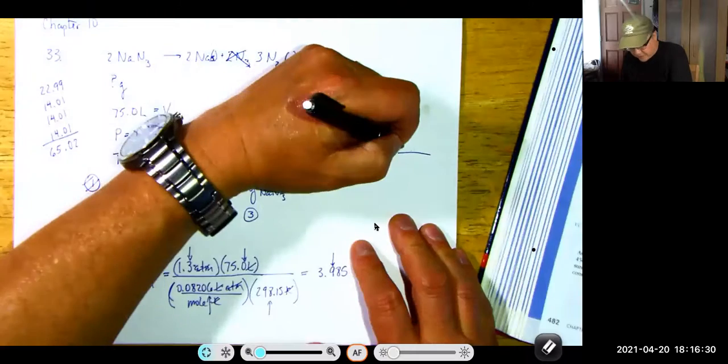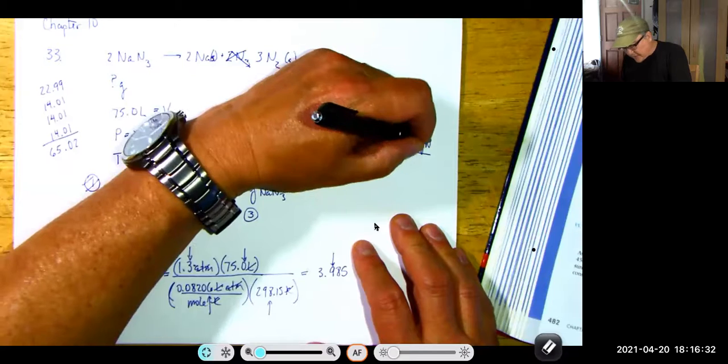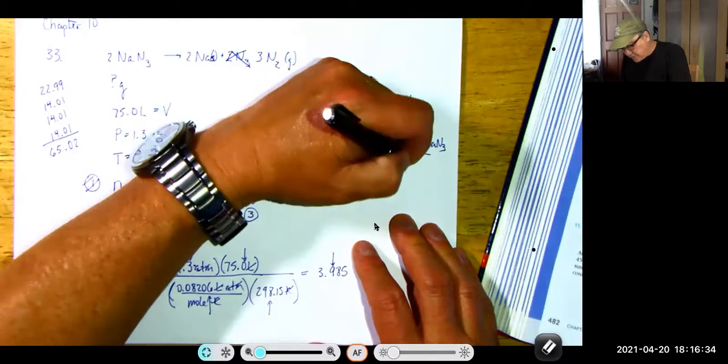So 65.02 grams of sodium azide per 1 mole of sodium azide.